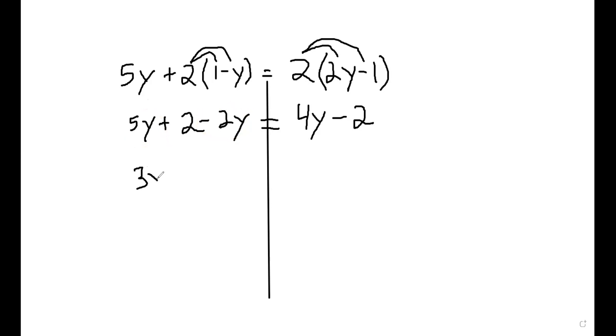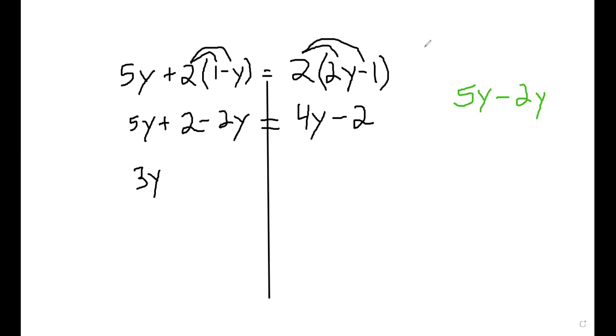Well, all we need to do when we have these 2 terms, let me write it over here on the side in a different color. We have 5y, and we're going to combine it with a negative 2y. So it's just like arithmetic, although we try to think algebraically.